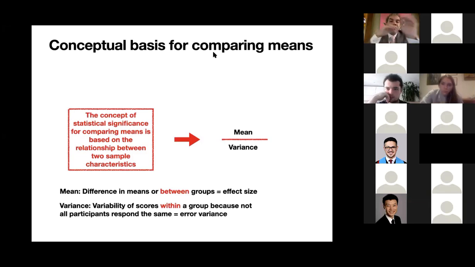We'll put a lot of attention here because we'll be talking a lot about between groups variability, which means difference in means, and within group variability, which means that participants do not respond the same within a group, so you will have this error variance. So it's the difference in means divided by variance. That's the basis of ANOVA.